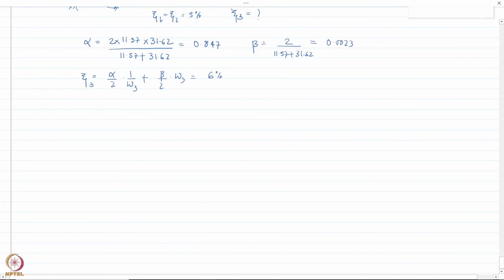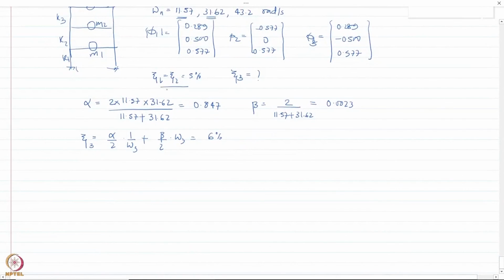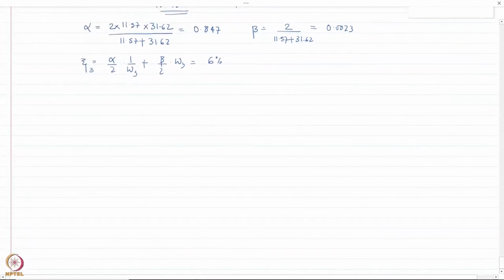So we saw that utilizing the frequencies and the mode shapes, if we assume the damping values for two modes, the damping for the third mode can be determined using the Rayleigh damping.